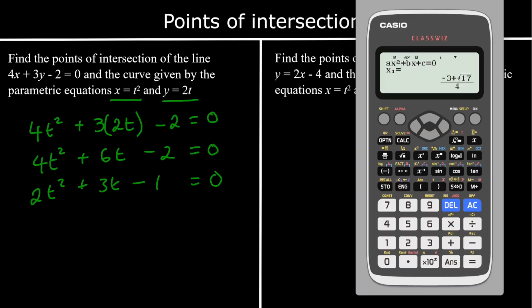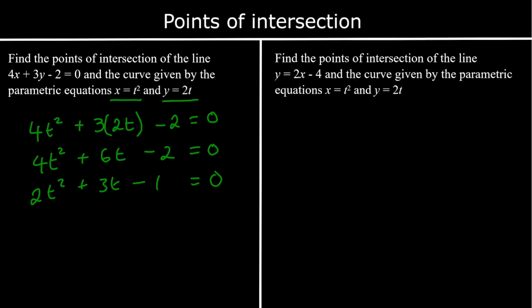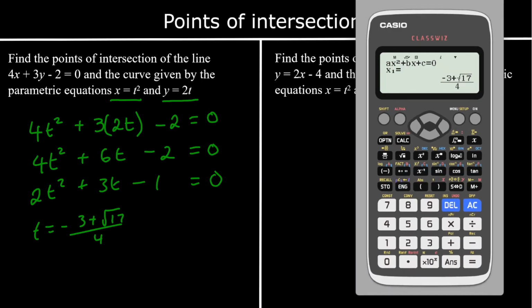So we have t equals -3 plus root 17 over 4. I'll store that as a. Or -3 minus root 17 over 4.